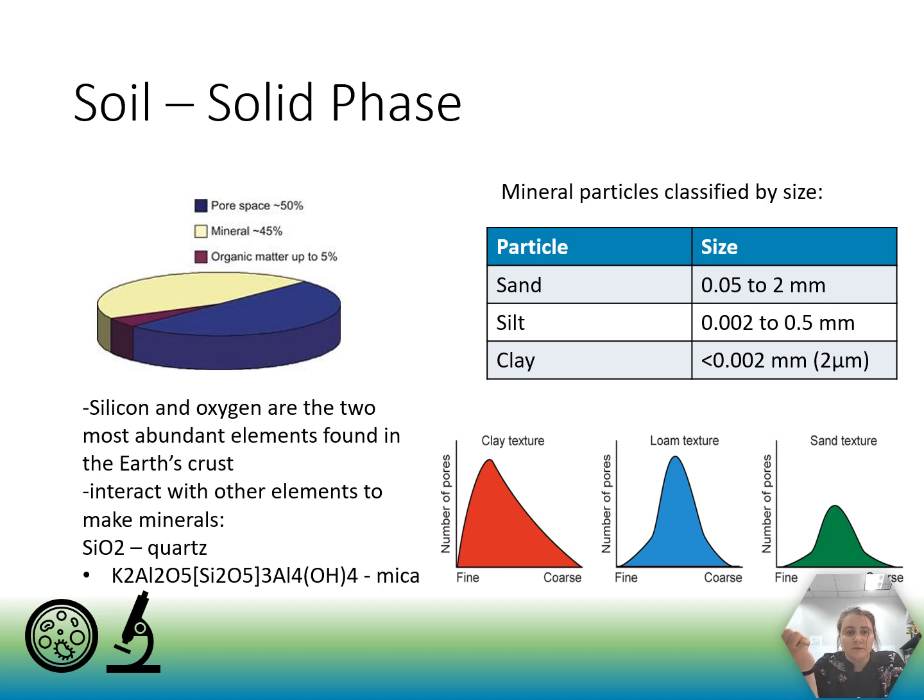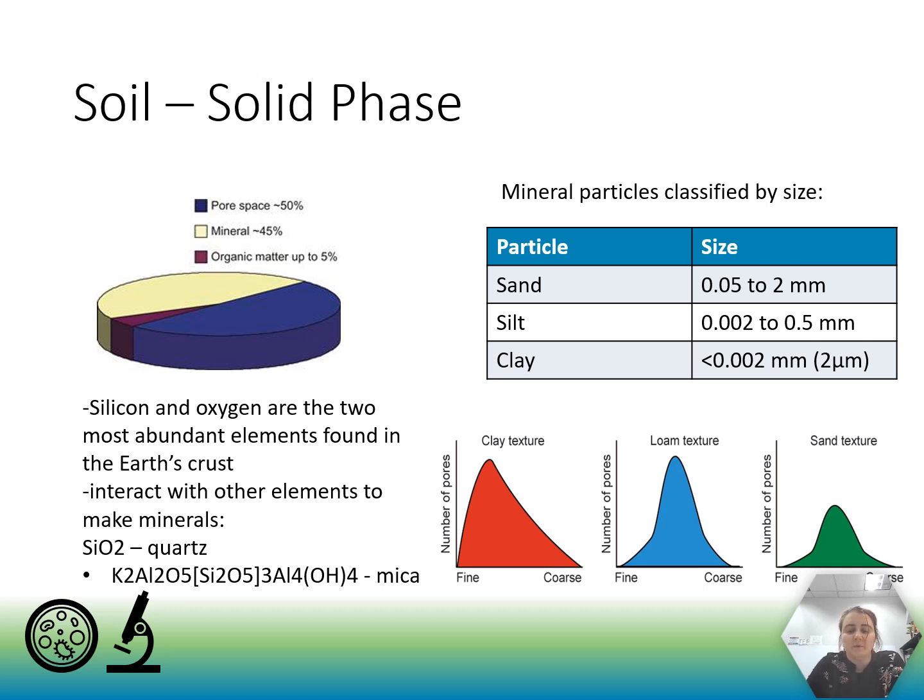In general, most of our materials are silicon and oxygen, the most abundant elements in Earth's crust, and they interact with lots of other elements to make minerals. For example, silicon dioxide is quartz. Mica has that long structure that you see there.